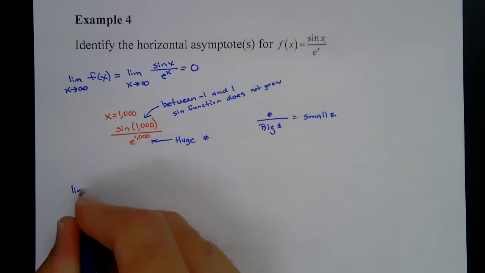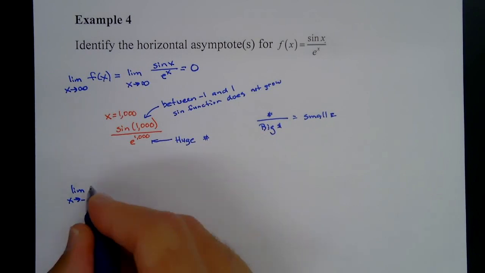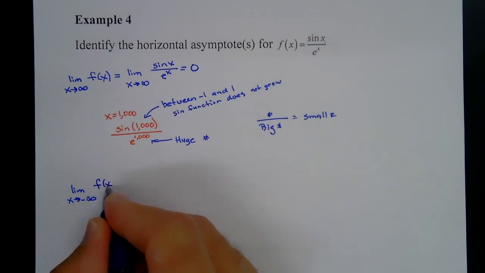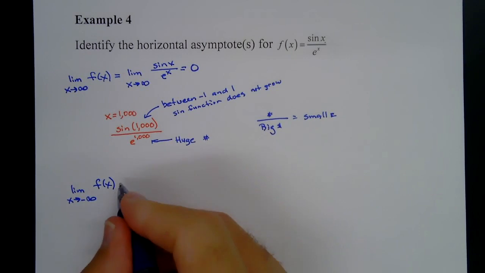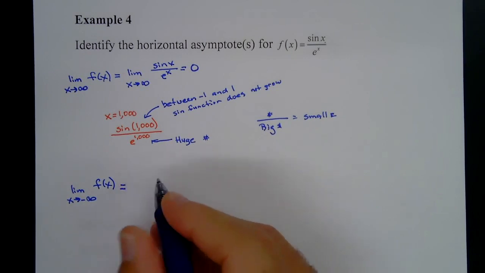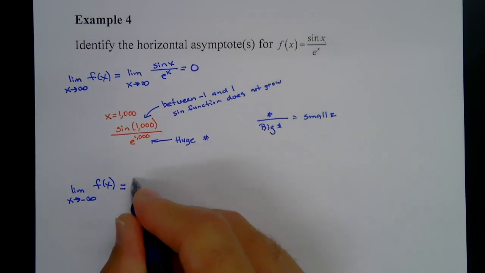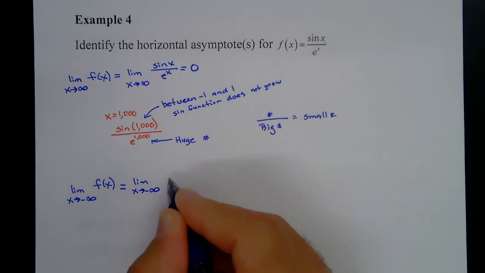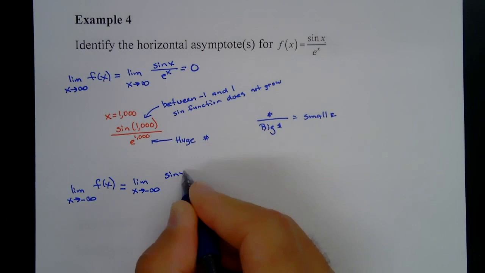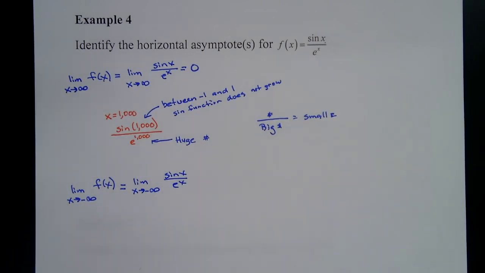So we'd say the limit as x approaches negative infinity, we have to look at this limit too, of f of x. This is equal to the limit as x is approaching negative infinity of sine of x over e to the x. Once again, I'm going to use numbers to help me figure out what's going on.